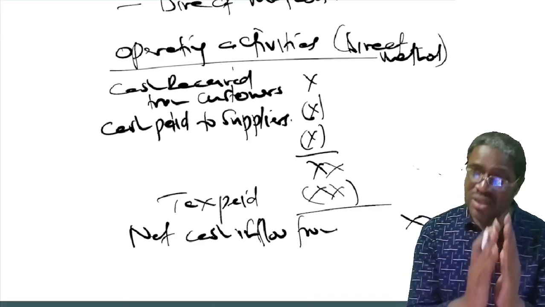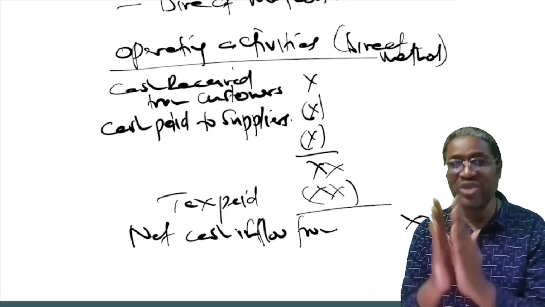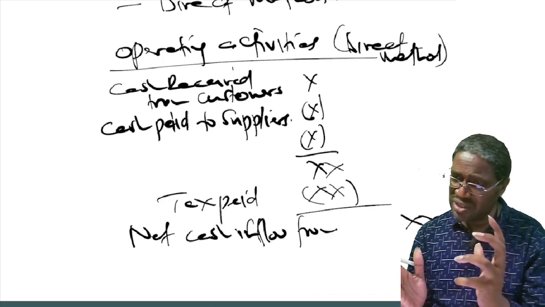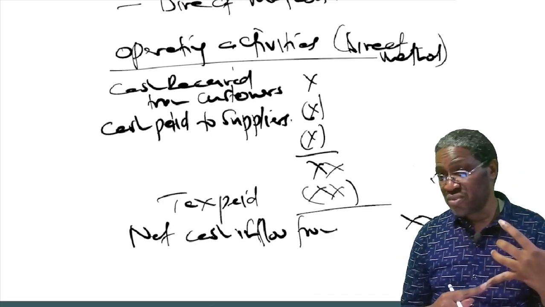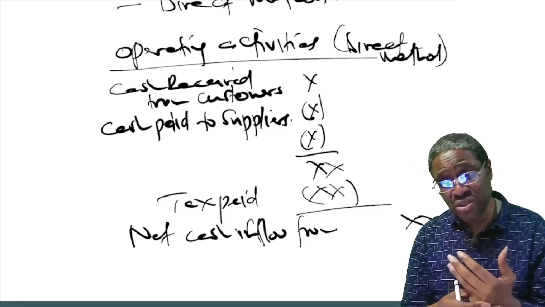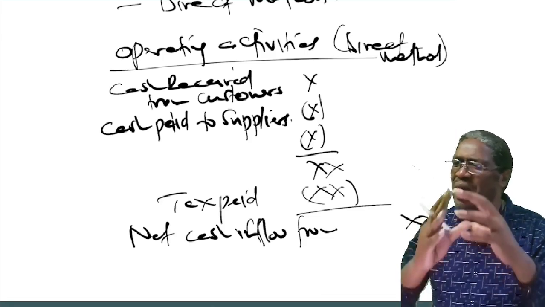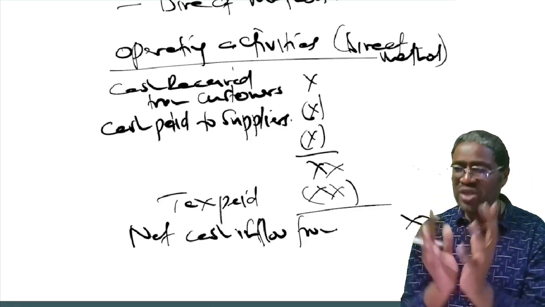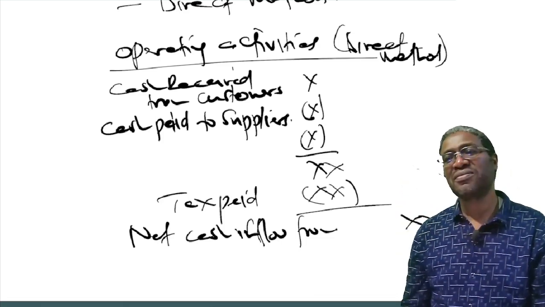I have not said cash paid to creditors. I've said cash paid to suppliers. To all your suppliers, those guys who you purchase goods from. Whether you purchased by cash or you purchased on credit from them and later you paid them, how much in total did you pay all your suppliers? Cash paid to suppliers. Get the amount.